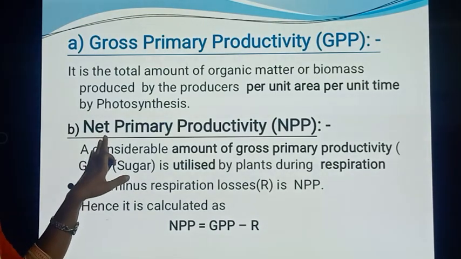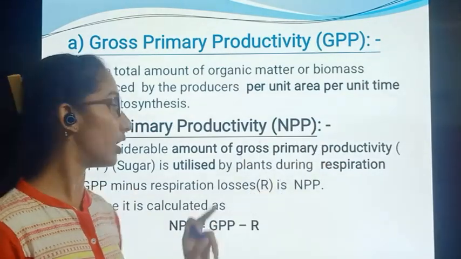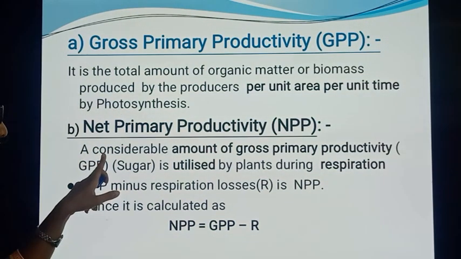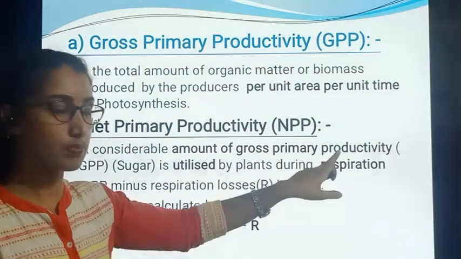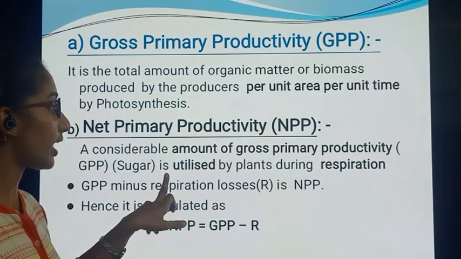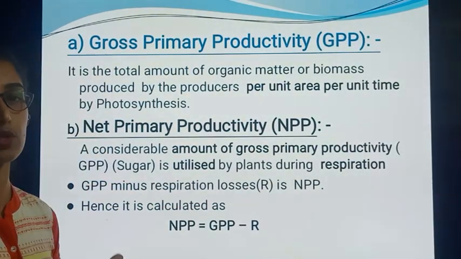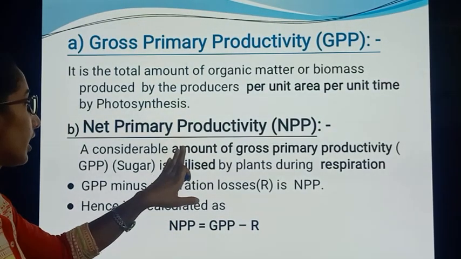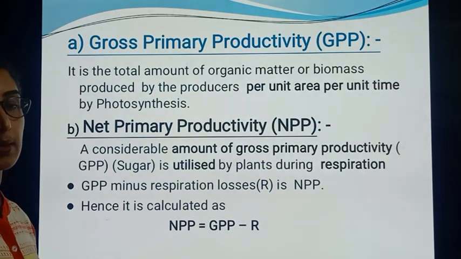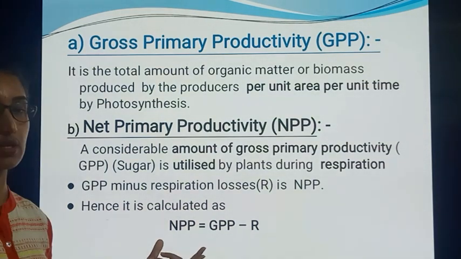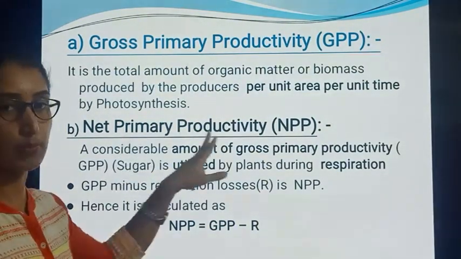The second one is net primary productivity, that is NPP. What is net primary productivity? A considerable amount of gross primary productivity is utilized by the plants during respiration, during its metabolic activity, and that we call net primary productivity. After seeing the calculation formula, we can understand net primary productivity still more easily.